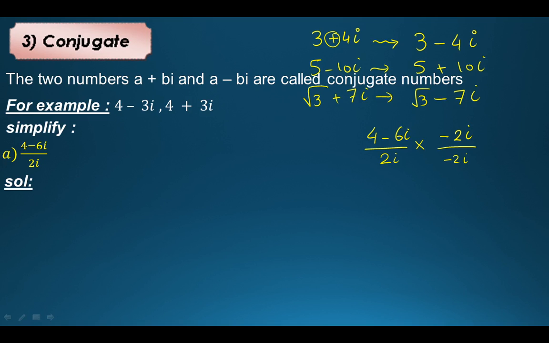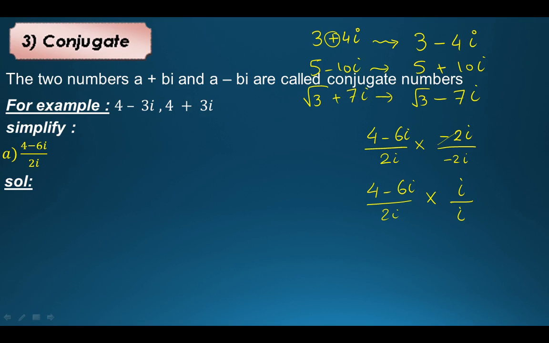But here you can see that negative 2 will cancel negative 2. And here we want to get rid of i, so we can write it in the simplest form as 4 minus 6i over 2i multiplied up and down by i.